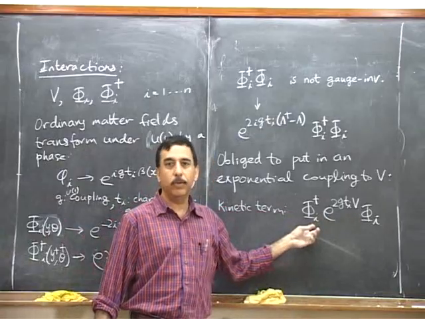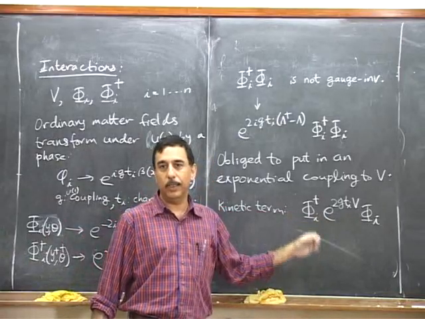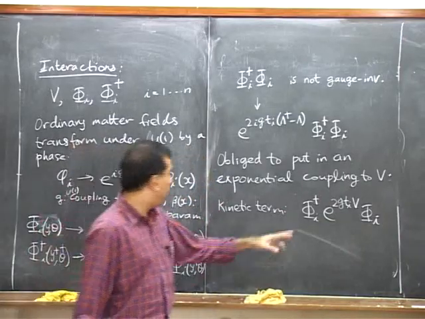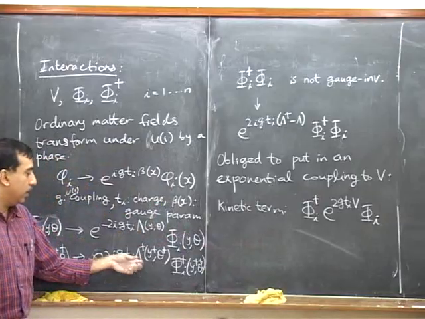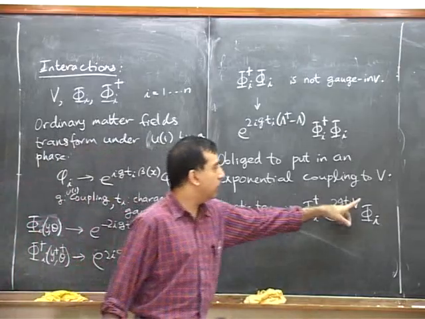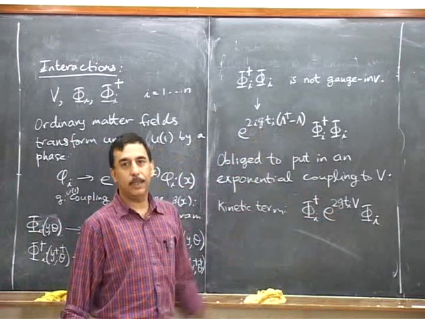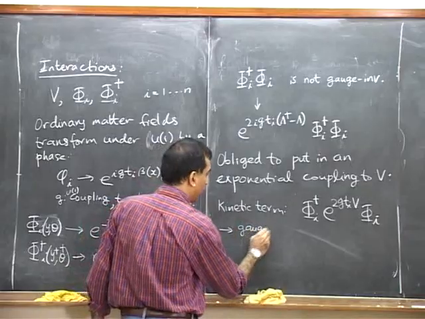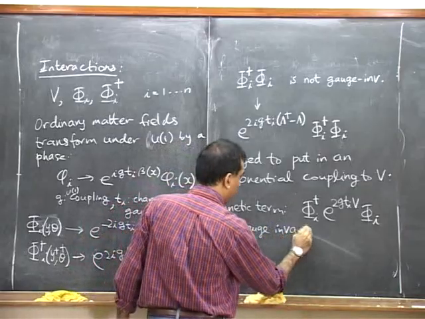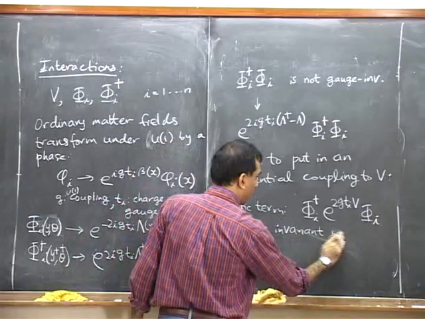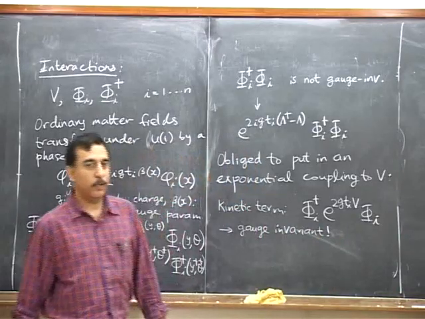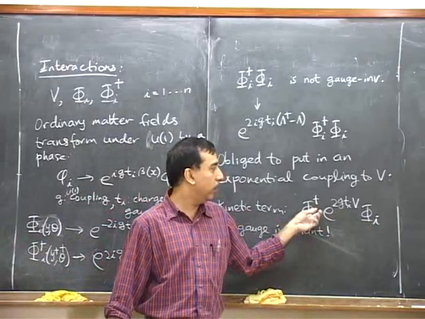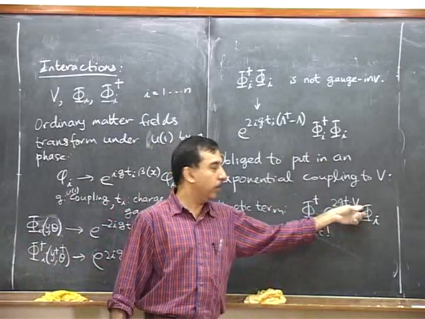These are all things that commute with each other. There are no matrices here. We don't deal in gauge theory. I can put it anywhere I like. The important thing is phi transforms with this phase, phi dagger transforms with that phase, and V transforms by a shift which produces a phase exactly equal and opposite to that. And this thing is therefore gauge invariant. And I don't have to write for you again what are the transformations under which it is invariant. Phi going by a phase, phi dagger going by a dagger of that, and V going by a shift.